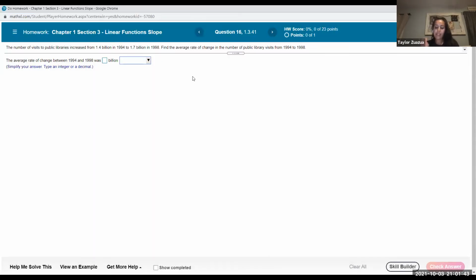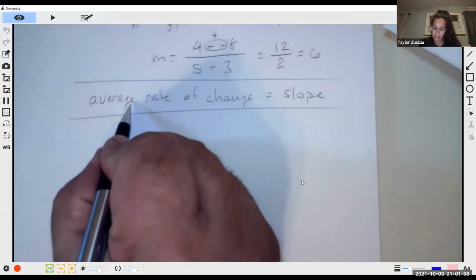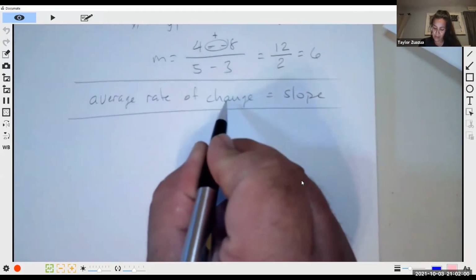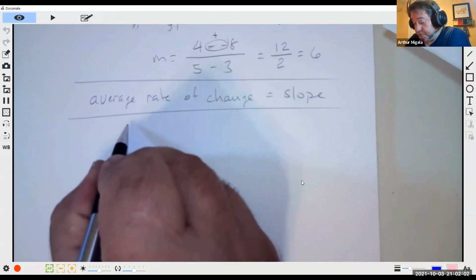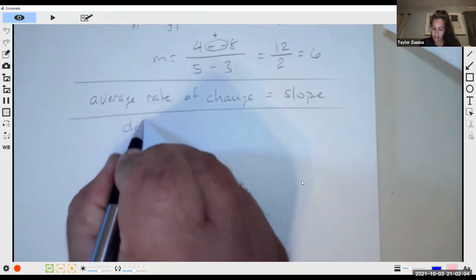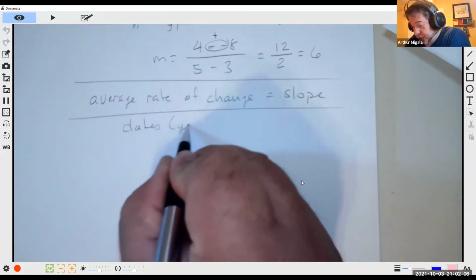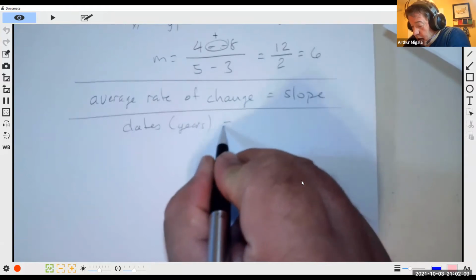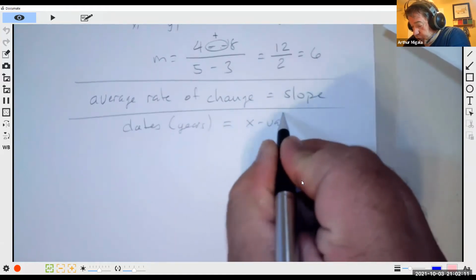Mine says 1.2 in 1992 and then 1.3 in 1997. But isn't it, when you subtract, like you do the x1 minus x2? Whenever you have word problems, dates like years are your x values.